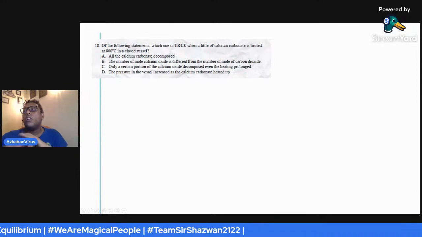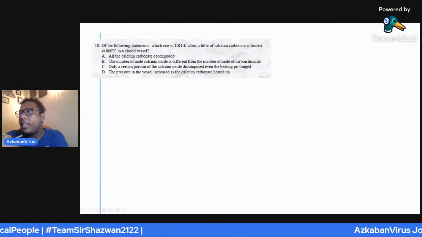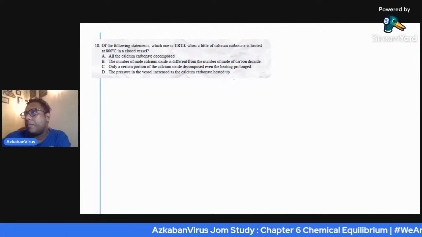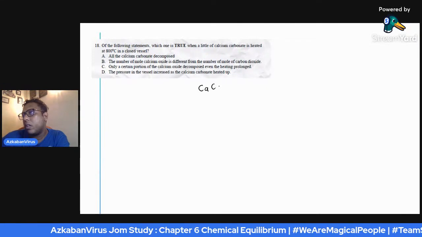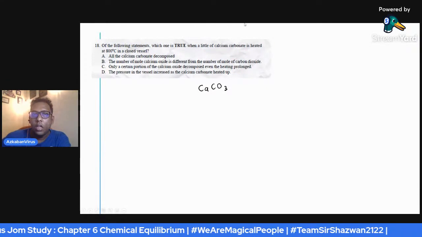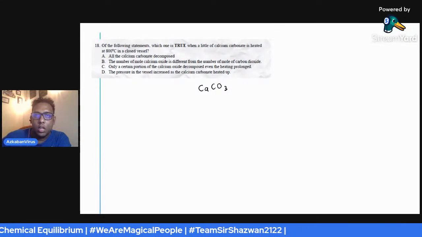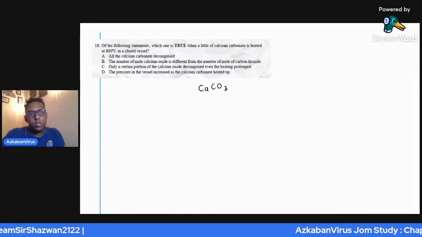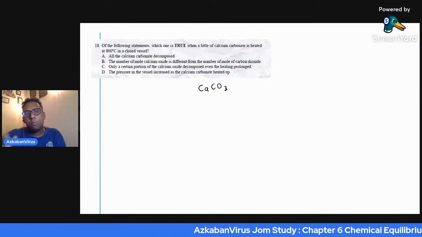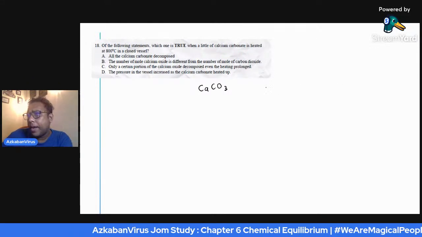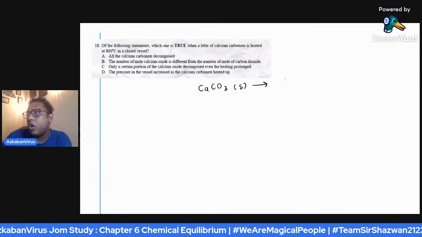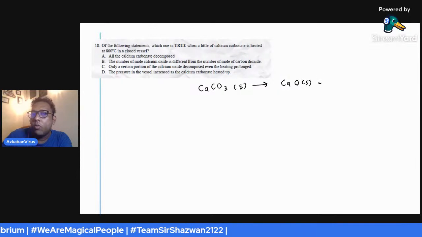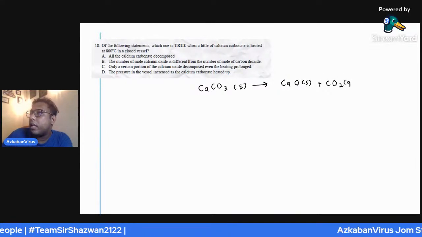Okay, next one. Of the following statement, which one is true when a liter of calcium carbonate is heated in a 800 degree closed vessel? Calcium carbonate, kalau kita panaskan dia, dia akan decompose menghasilkan kalsium oksida dan juga carbon dioxide.